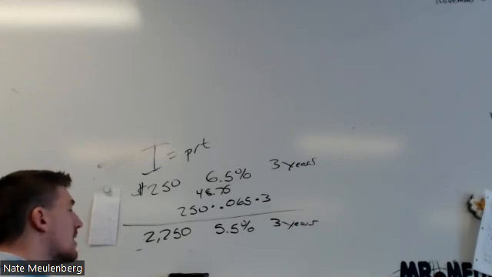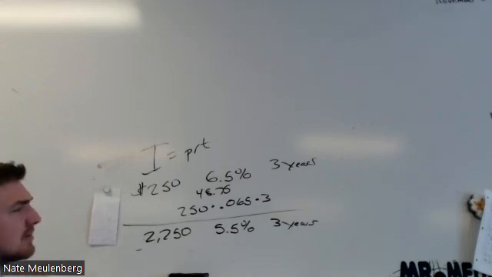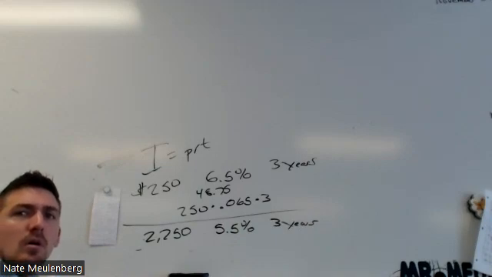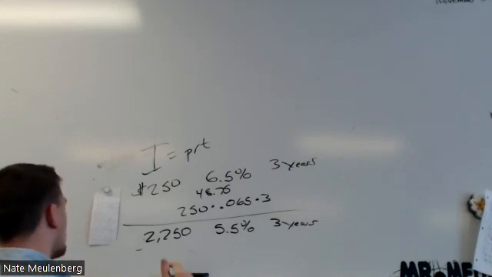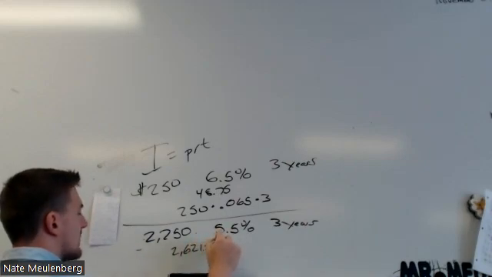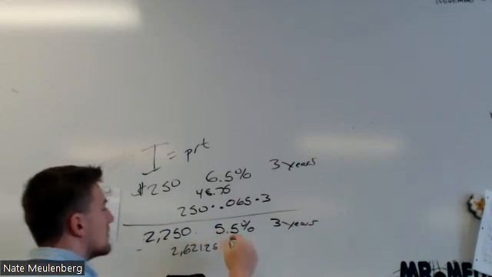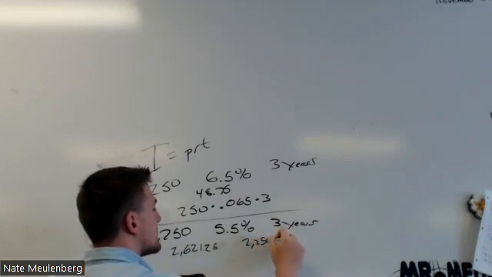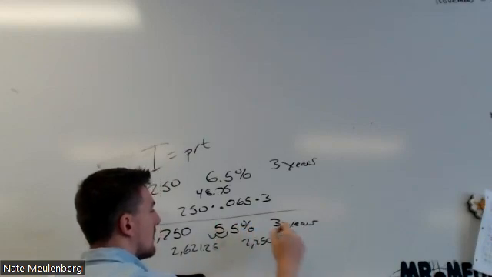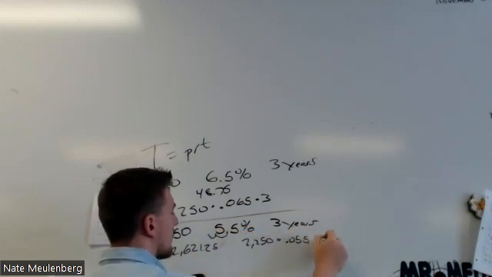5.5%. 0.055. Yep. $2,621.25. So you do 2,250 times 0.055 times 3.